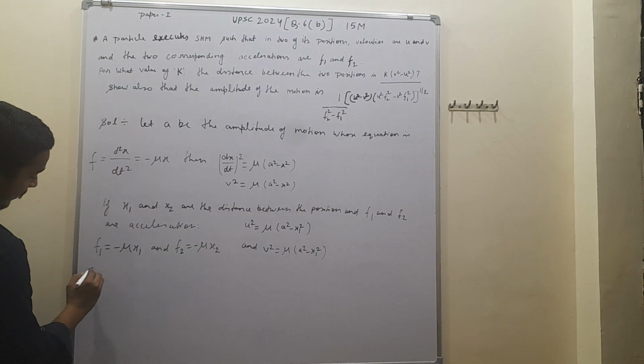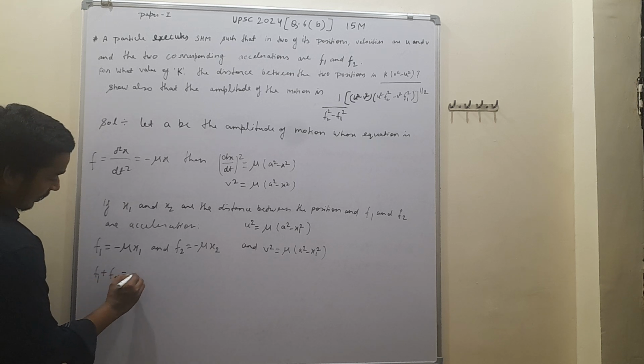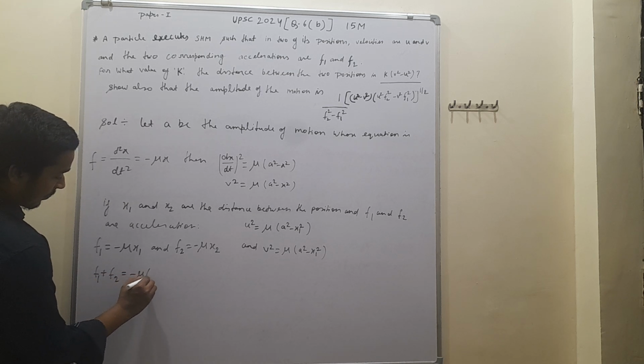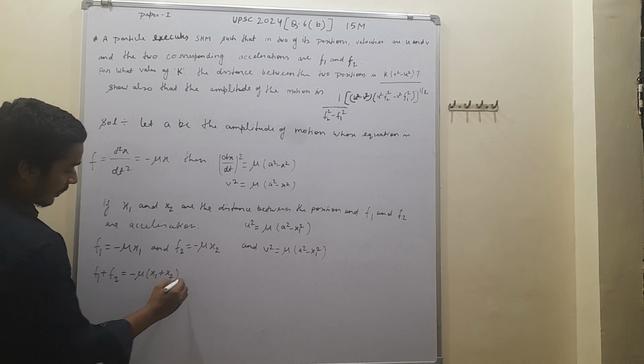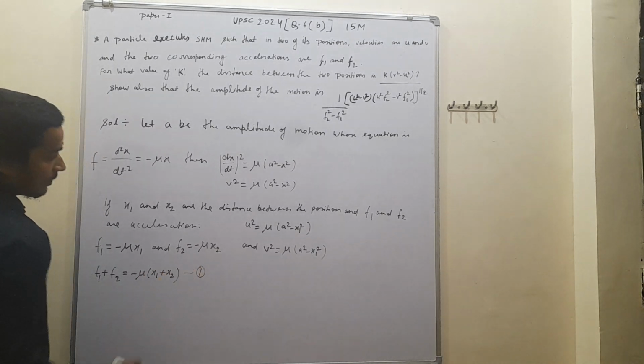From here, adding f1 plus f2, we get minus mu (x1 plus x2). This is equation 1.